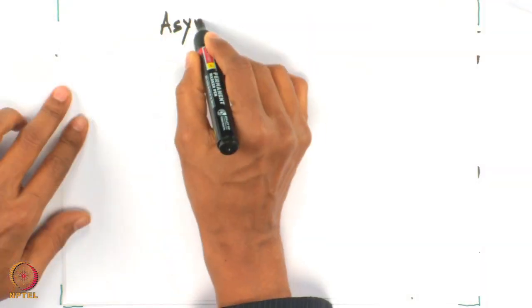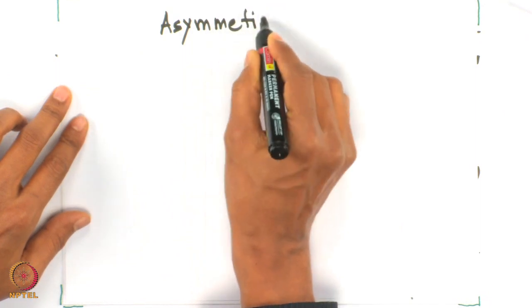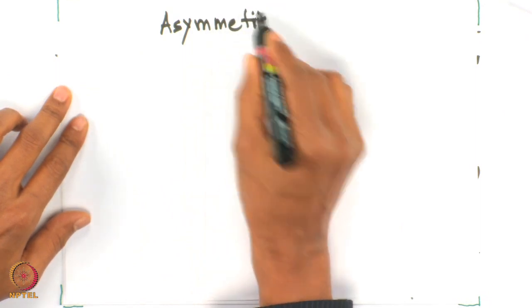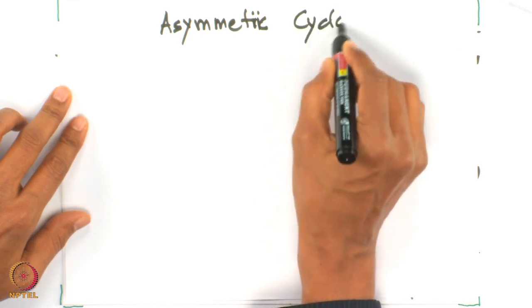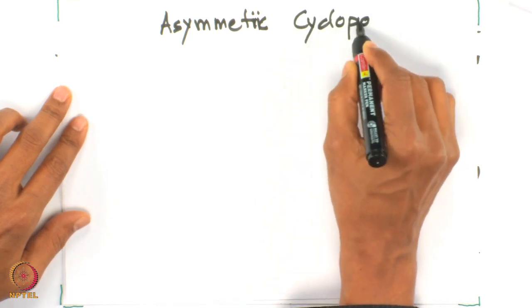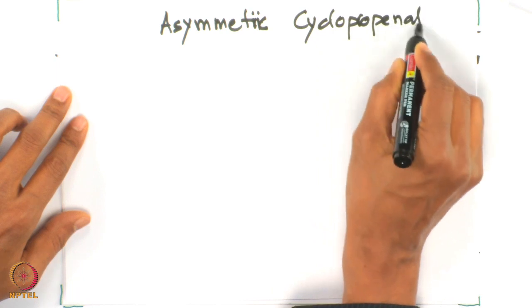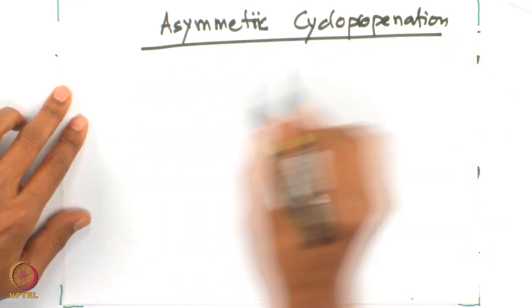Let us try to synthesize the cyclopropene ring, which is of course much more unstable compared to cyclopropane, using the same technique. So, let us directly discuss the asymmetric cyclopropenation reaction, the cyclopropene ring formation.